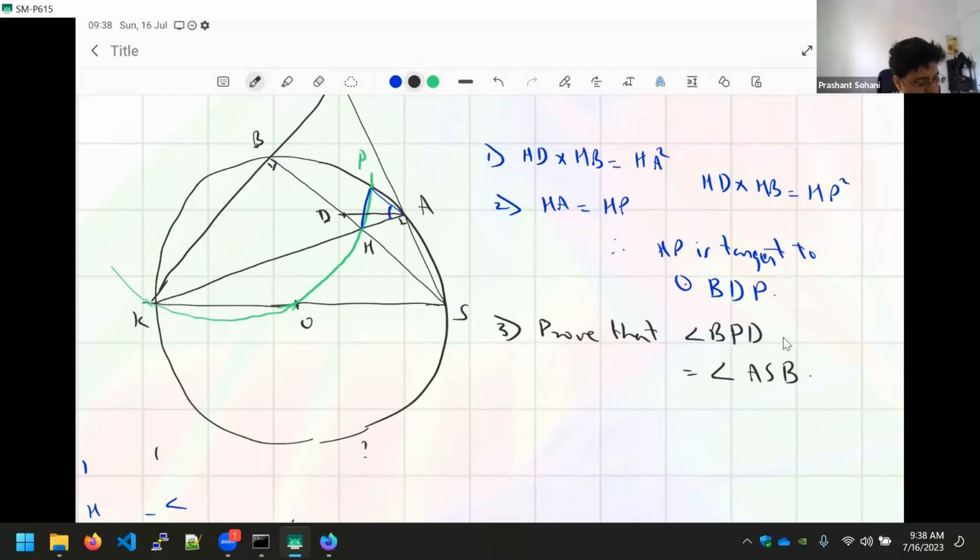So now I'm using point P and point D both together. In part 1, only point D was there. In part 2, only point P was there. But now P and D are both going to be important.